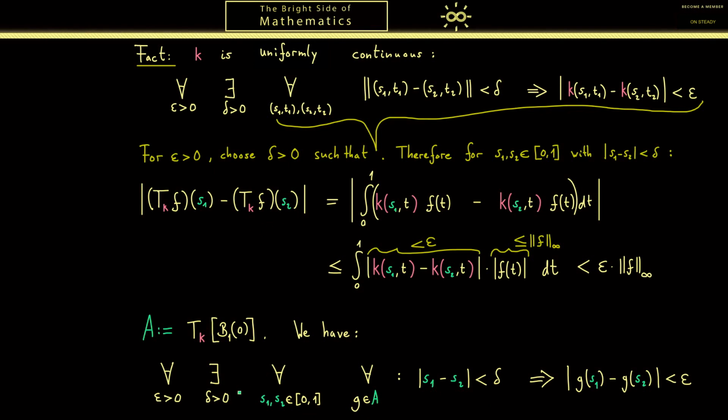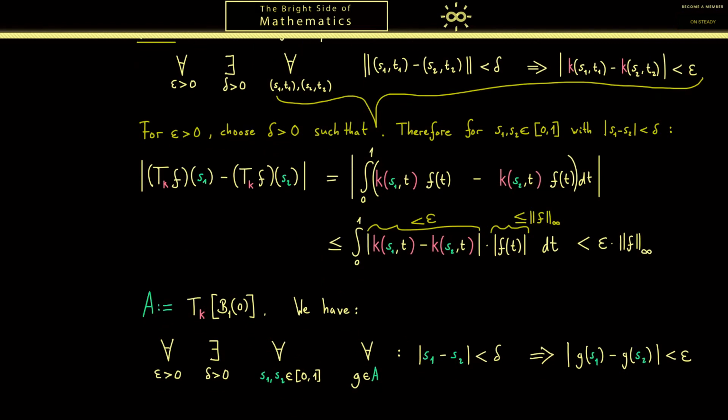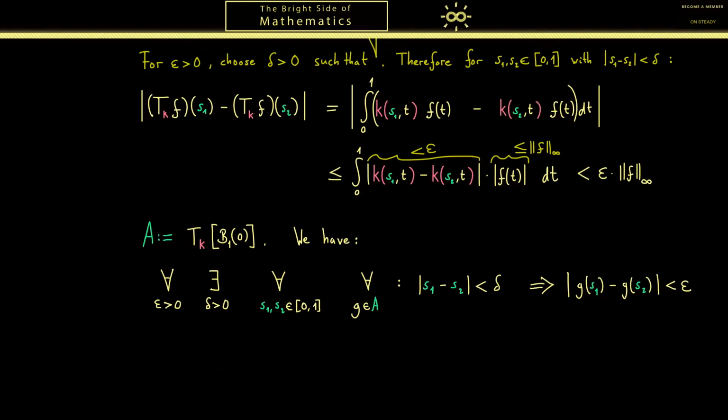And of course we needed the names S1, S2 for the variables. However, what you should see is that this is the definition of A being uniformly equicontinuous, and it's the same thing as we have written here. In other words, with the calculation above, we have proven that A is indeed uniformly equicontinuous.